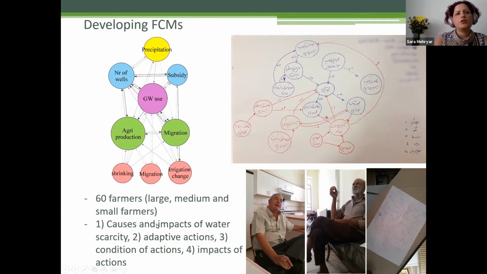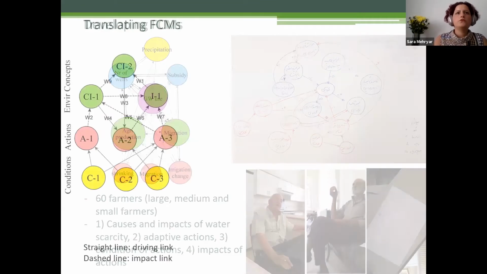In 5 general questions, we asked them and tried to collect their information about what they have experienced as the causes and impacts of water scarcity in their farms or in their region, what have been their adaptive actions, what they usually do when they face water scarcity, what are the conditions for those actions, and what have been the impact of those actions on their farms and environmental parameters, for example, on their groundwater use, on their economic situation, etc.